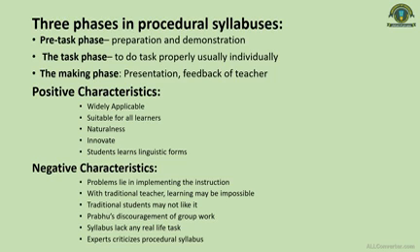So when we talk about the tasks that are used in procedural syllabuses, the procedural syllabus is divided into three main phases, and these three main phases are the pre-task phase, the task phase, and the marking phase. Each lesson in the procedural syllabus consists of a pre-task, a task, and a quick marking component.